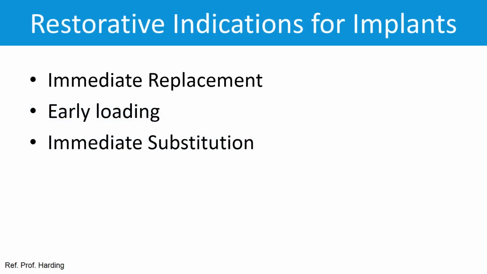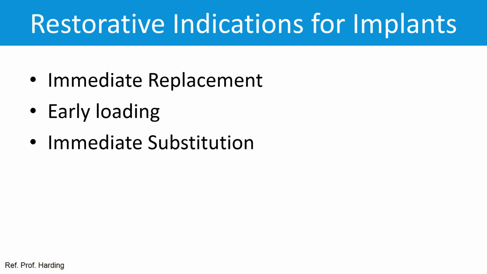Since the term osseointegration came into existence some 50 odd years ago, the use of osseointegrated implants, and of implants in general, has changed. The paradigms of how they're used have changed.